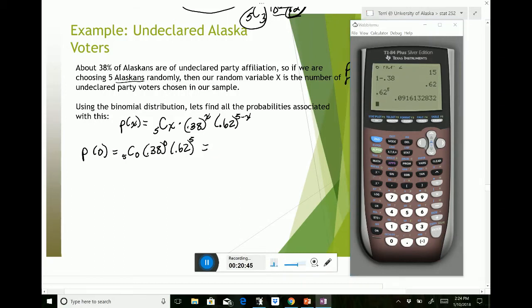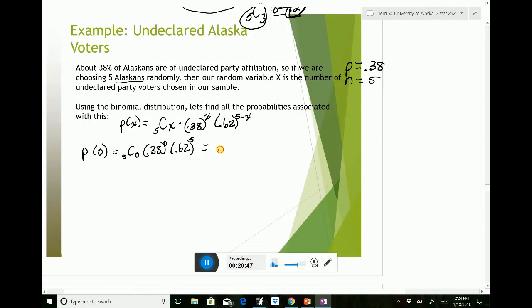I want you guys to get in the habit in this chapter of going to 4 decimal places for probabilities. That allows you to go to 2 decimal places if we take it into percentages.